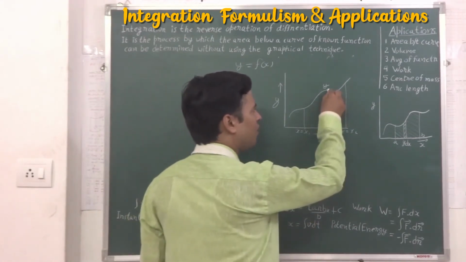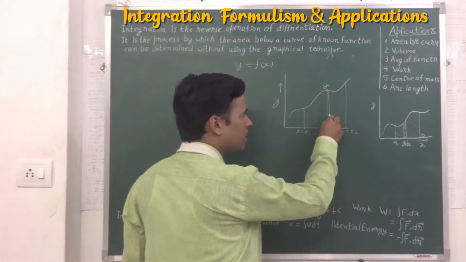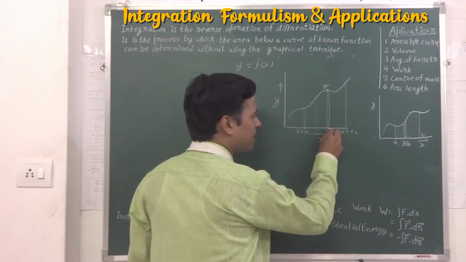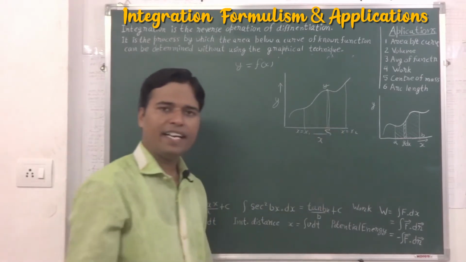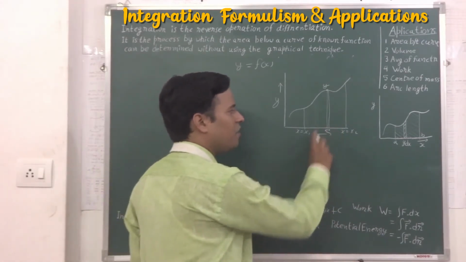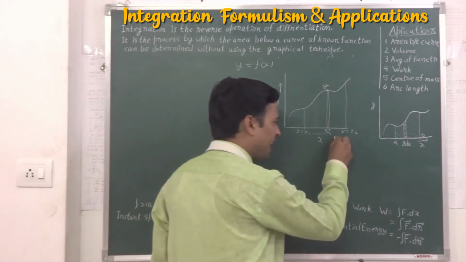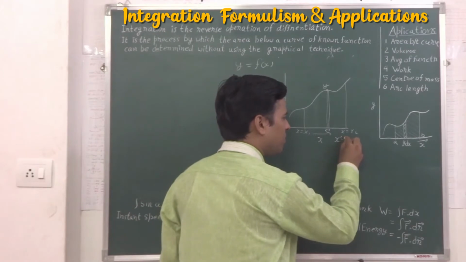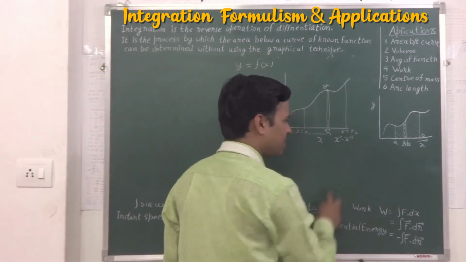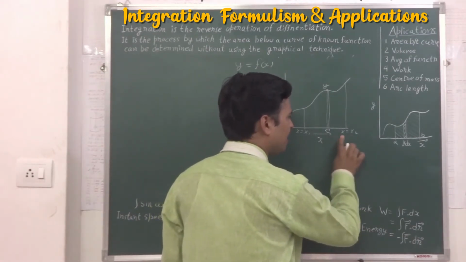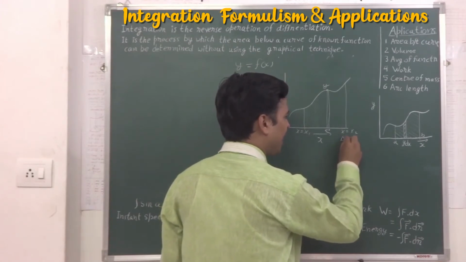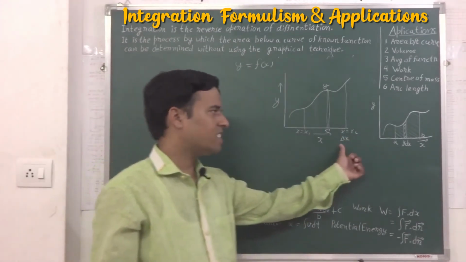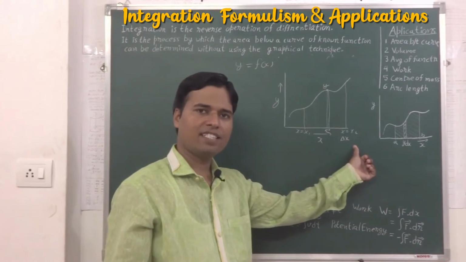And the width of the strip can be calculated by the change in value of x, or you can write it as x dash minus x double dash, or you can write it as delta x, which represents the change in value of x.